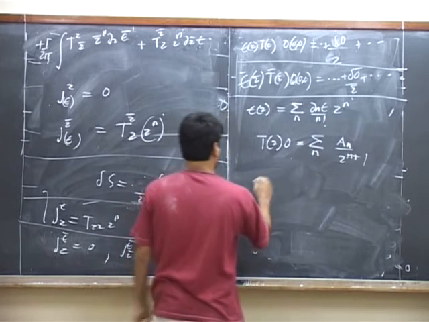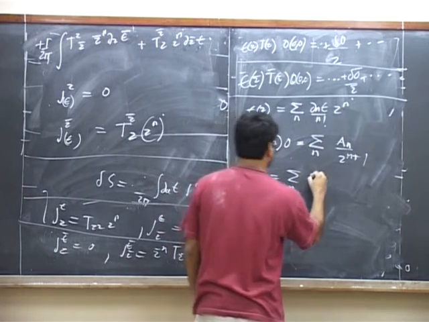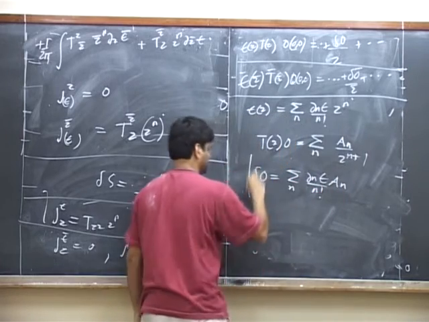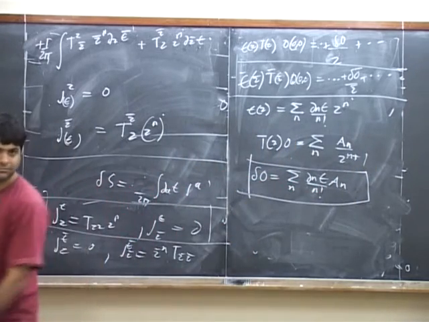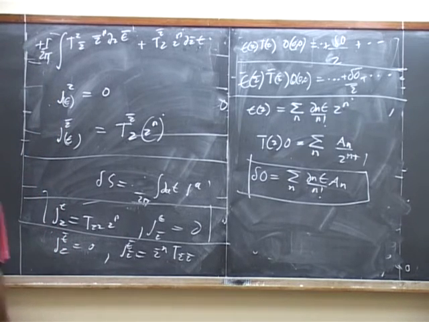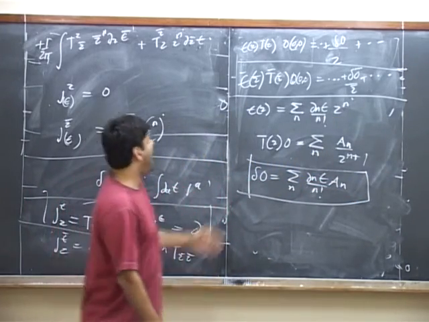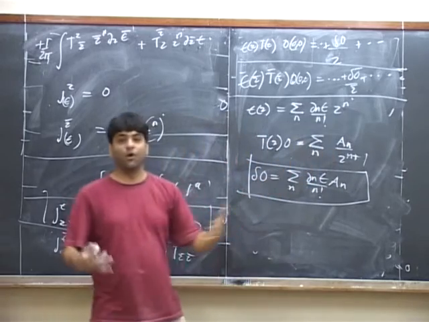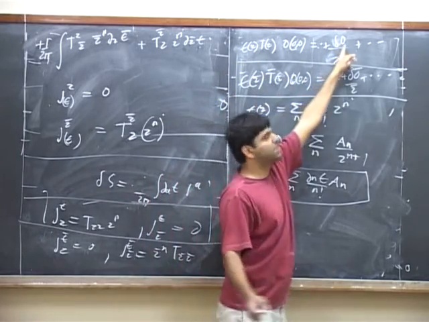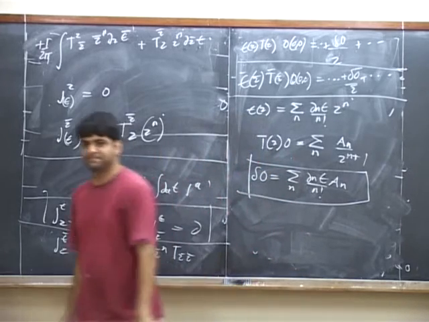So we conclude that delta O must be equal to the sum over n of del^n epsilon by n factorial times a_n. So what have I said? I said that if we perform a general conformal transformation parameterized by epsilon, and if the operator product expansion between T and O has this general structure, then for consistency with this statement, it must be that the change in the operator under a conformal transformation parameterized by epsilon is given by this formula.